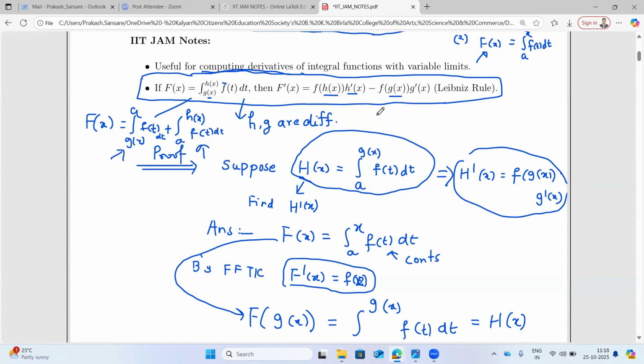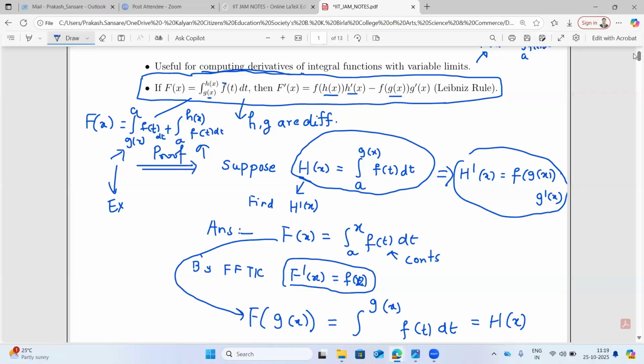This is a small exercise one can work out easily. It's not difficult. This is a very powerful result. So if F(x) is the integral from g(x) to h(x) of f(t) dt, then F'(x) is equal to f(h(x)) into h'(x) minus f(g(x)) into g'(x). Okay.